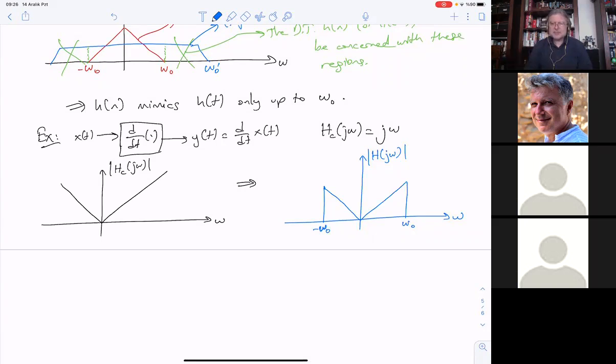Now, this equivalent system can be converted to the discrete time system just by sampling as if it is a signal.